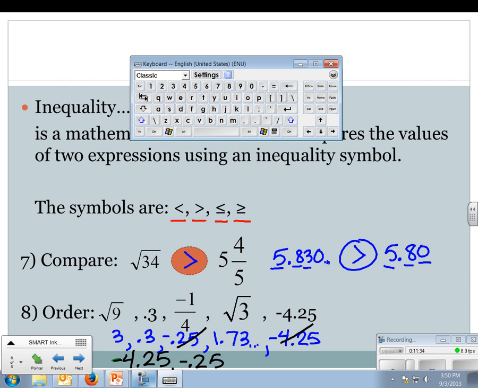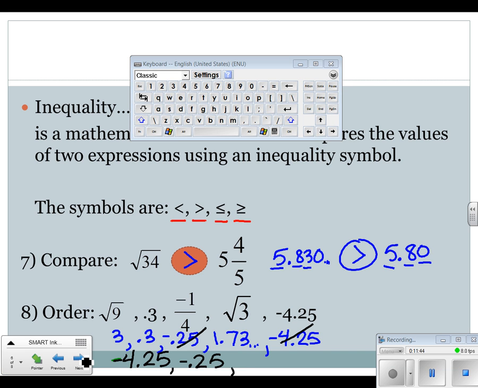Something just popped up on the screen. So we have 0.3, there we go, 0.3 is going to be smaller than 1.73, because we have one whole and part of a whole, and then 3 would be our greatest.